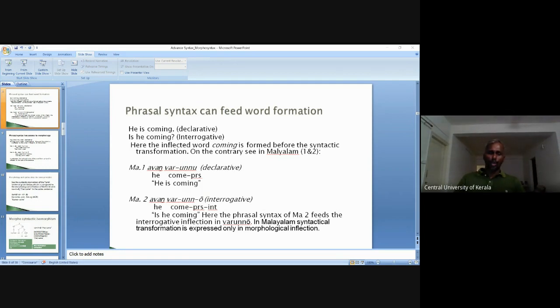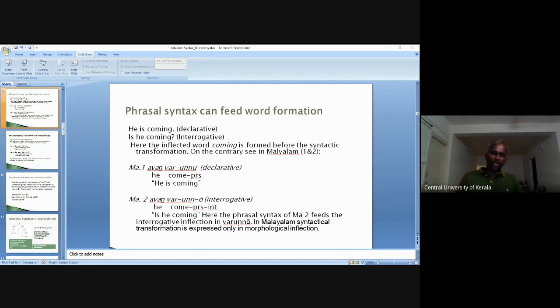The syntactical transformation is expressed purely through the morphology. That is why phrasal syntax can feed word formation. The phrasal output of having an interrogative sentence is an input for word formation. That is the first one.